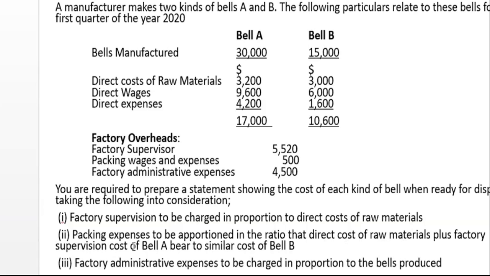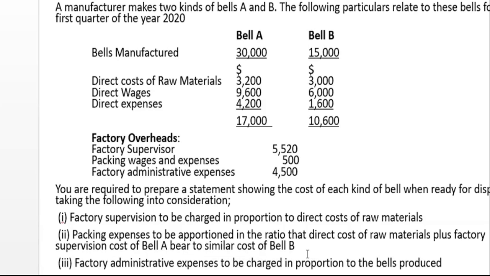Then number 2, we are told packing expenses are to be apportioned in the ratio that the direct cost of raw material plus supervision cost of bale A bears to the similar cost of bale B. So for the packing expenses, which you've been told is 500, we need to add the direct cost of raw material plus the supervision cost.